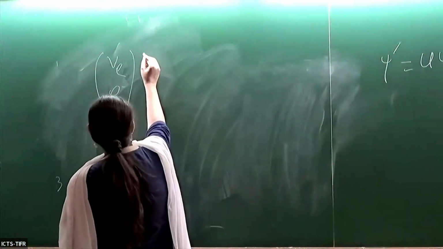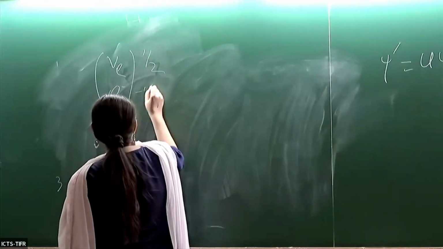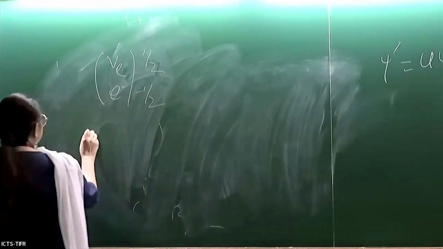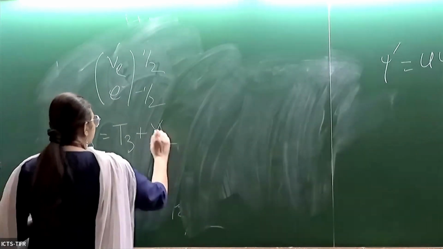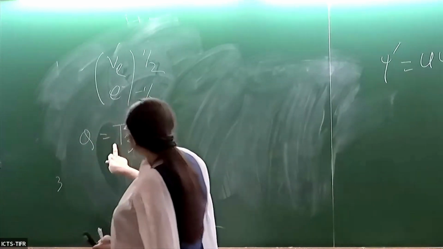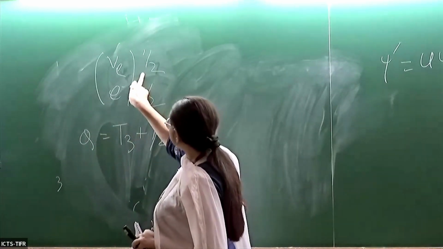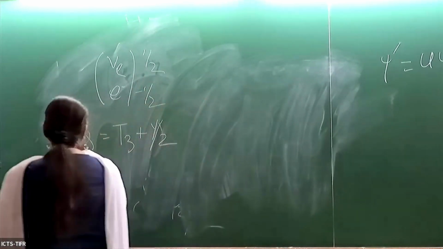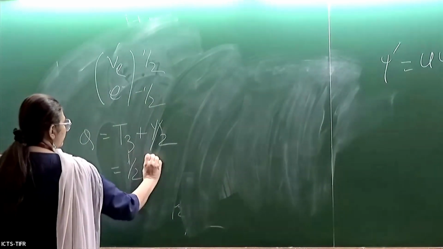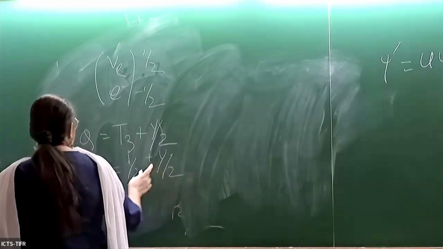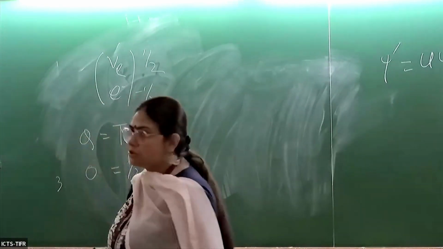So this has T3 plus half and this has T3 minus half. And I know Q is T3 plus Y by 2. Now for the neutrino, Q is 0 and T3 is half, plus Y by 2. So that gives me Y as minus 1, right?